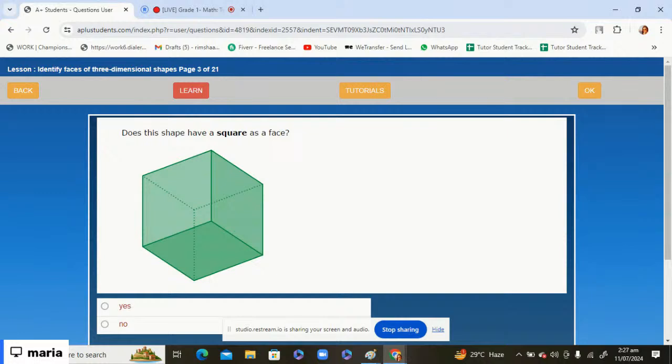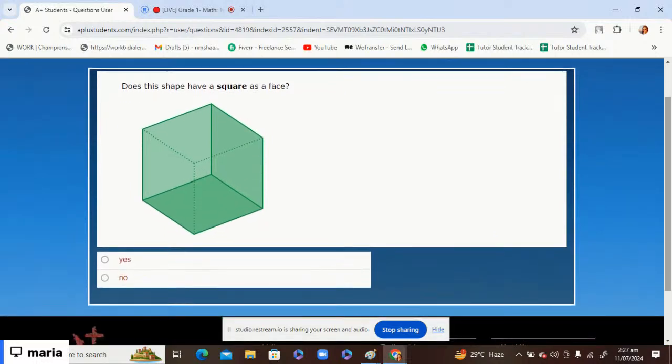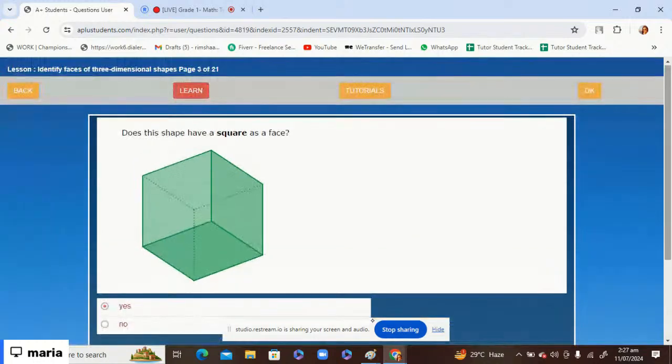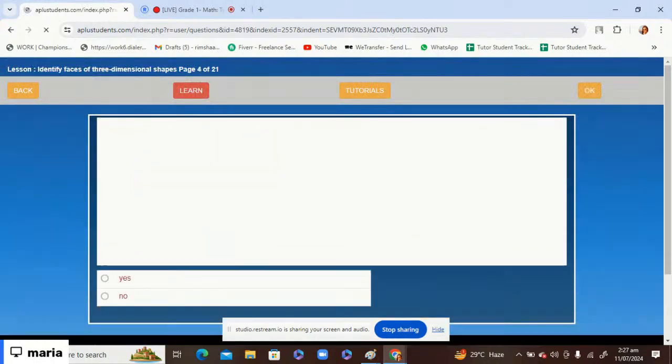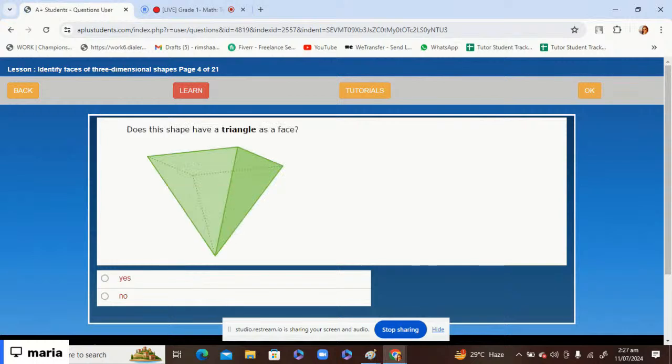Does this shape have a square in the faces? Yes, there is a square in the faces. Okay, so we can say that yes, there is a square. Like look at here, the top, bottom, all the sides. So we can say that yes, it has squares as faces because this is the shape of a cube. Okay, and in the cube, all sides are squares.